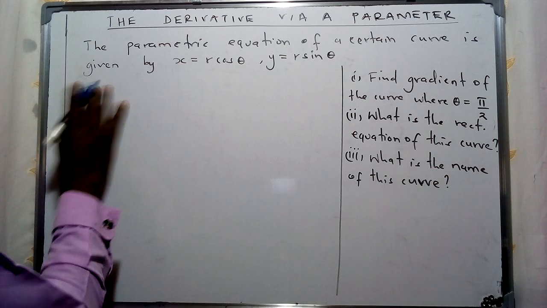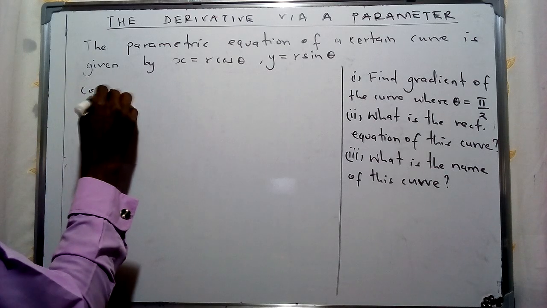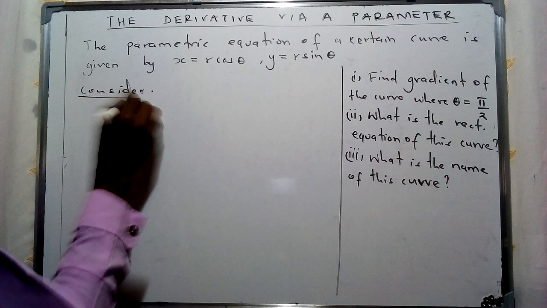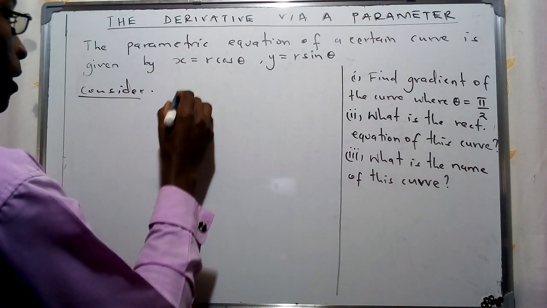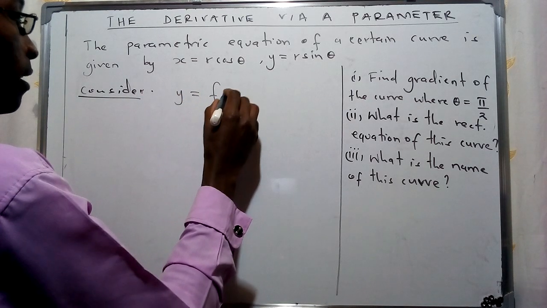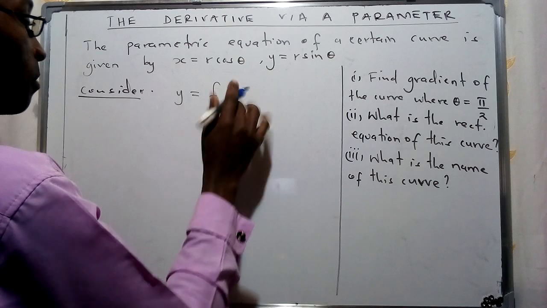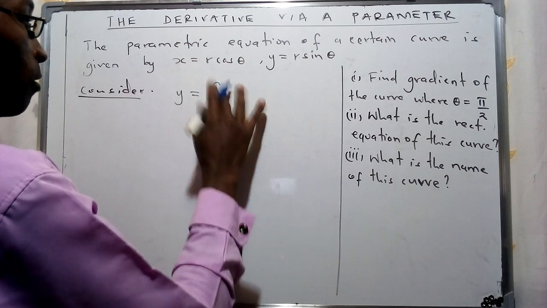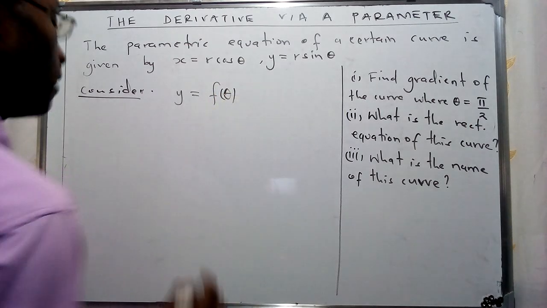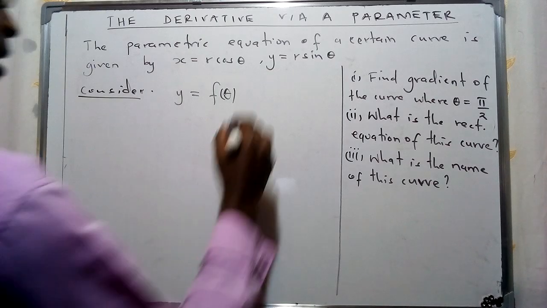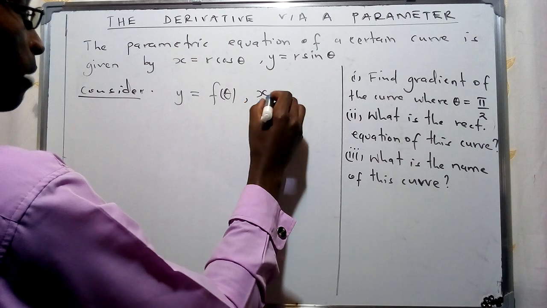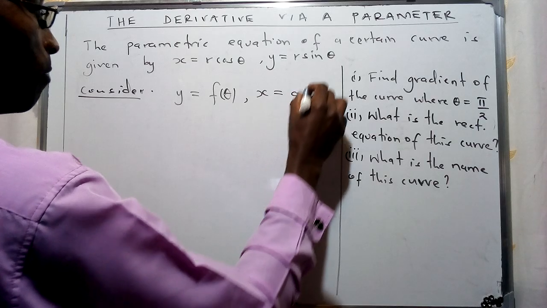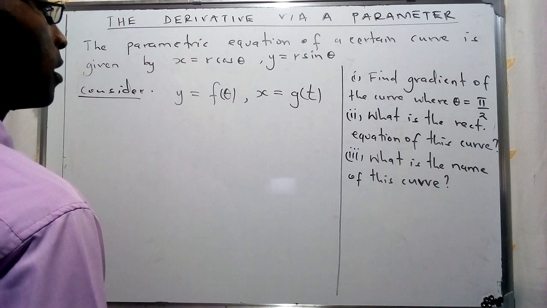So we can consider the equation of y defined by a function, the representation of f of theta, given as such. And we have another equation given in terms of x, which is a function of theta.